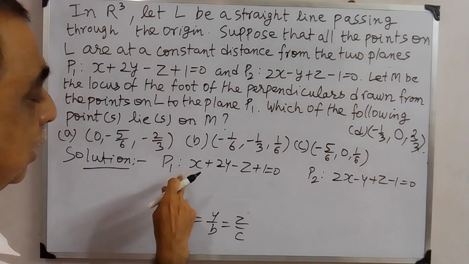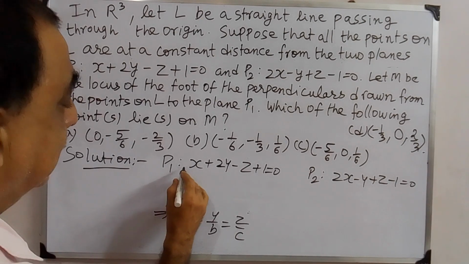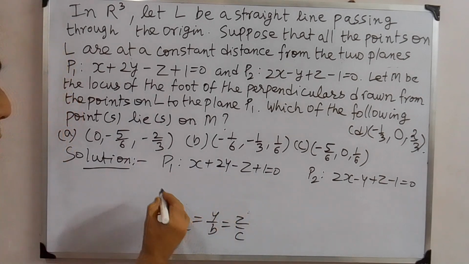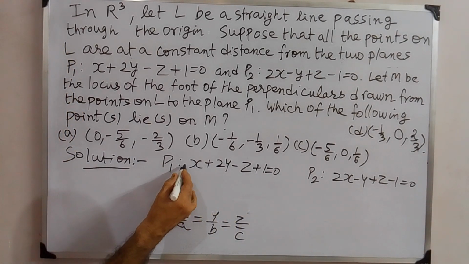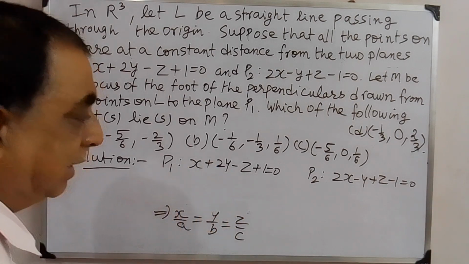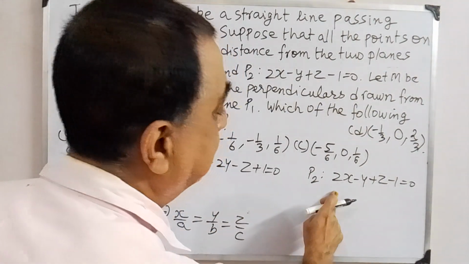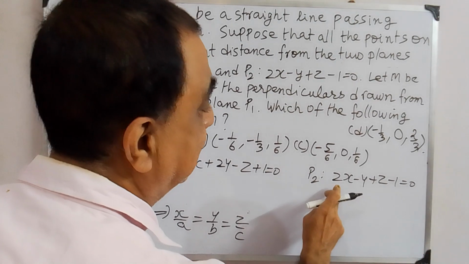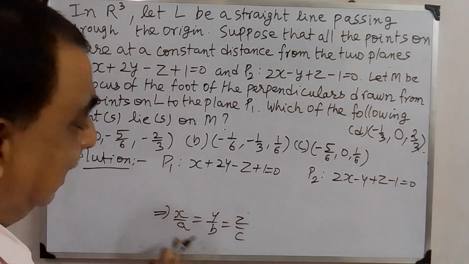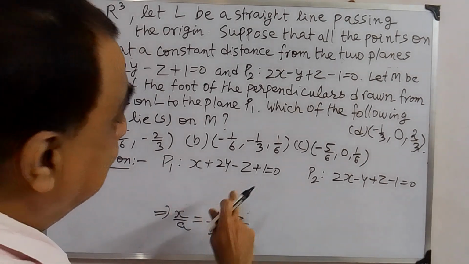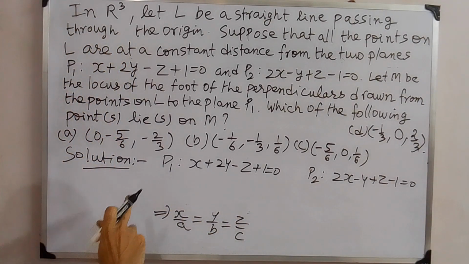The direction ratios of the normal will be the coefficients of x, y and z. So the normal to P1 has direction ratios 1, 2 and minus 1, and the normal of P2 has direction ratios 2, minus 1 and 1.